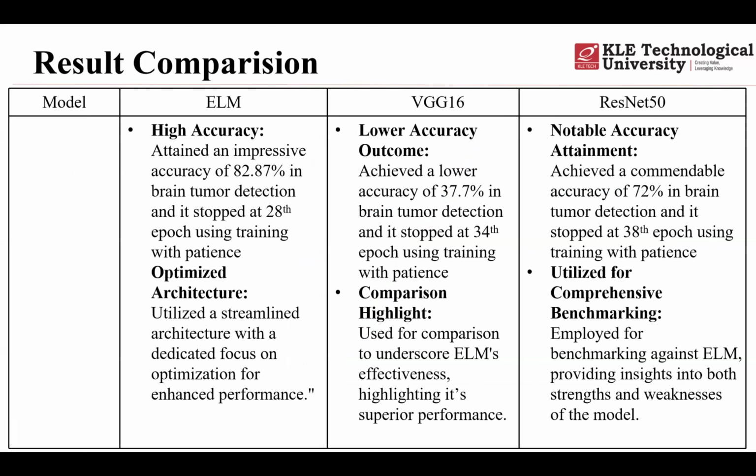We stopped the epochs at 28 for ELM, for VGG16 we stopped at the 34th epoch, and for ResNet we gave some random epochs, so we chose 28, 34, and 38 epochs and stopped there.